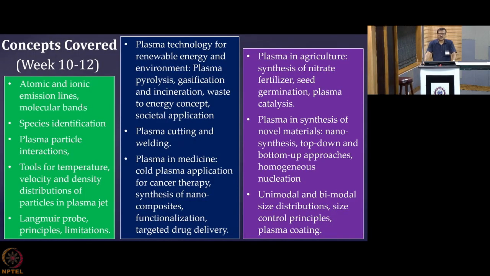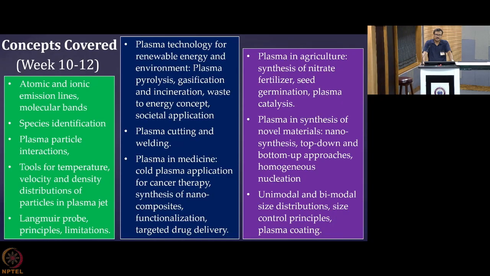In this, the concepts that we have covered include atomic and ionic emission lines, molecular bands, species identification, plasma particle interactions, tools for temperature, velocity and density distributions of particles in plasma jet, Langmuir probe principles, limitations.